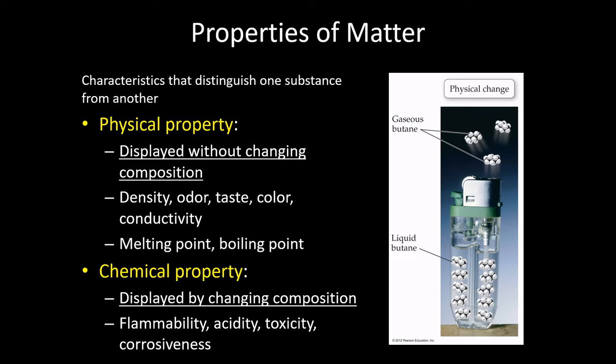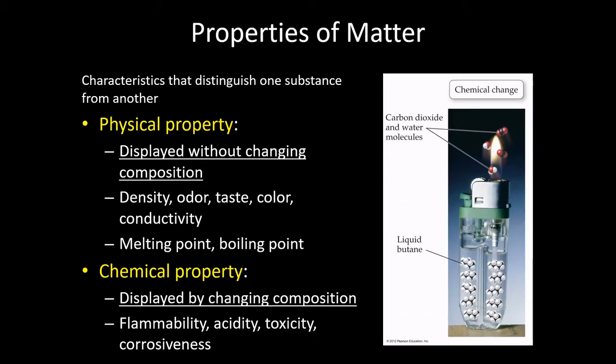And so chemical properties are displayed by changing the composition. A chemical change is where you start with one material and you end with a different material. Physical properties, again, on the other hand, they're displayed without changing the composition.